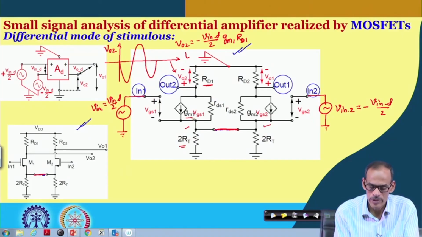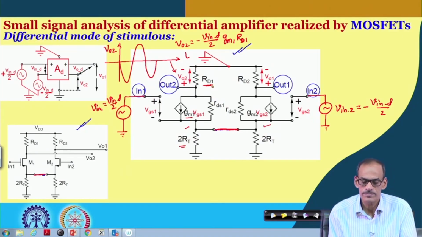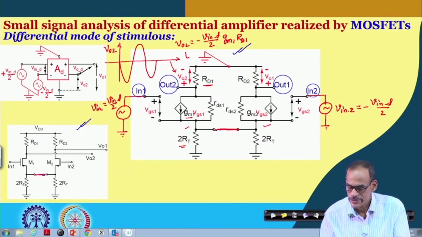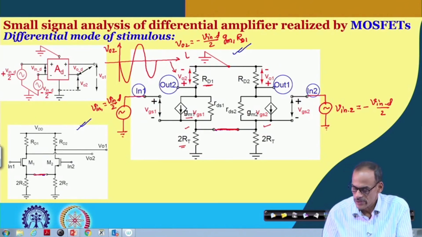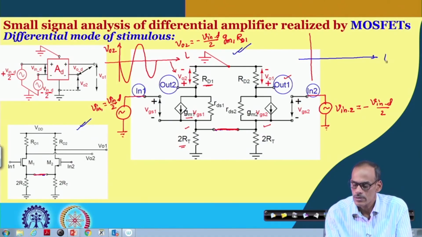Likewise, the other output is similar, but with 180 degree phase shift.